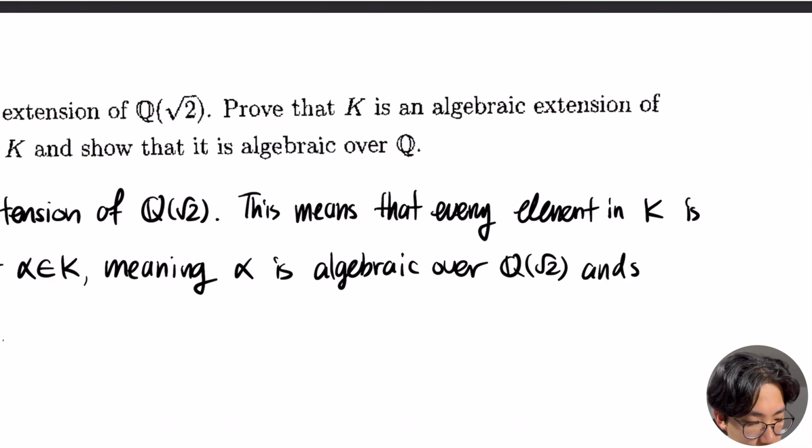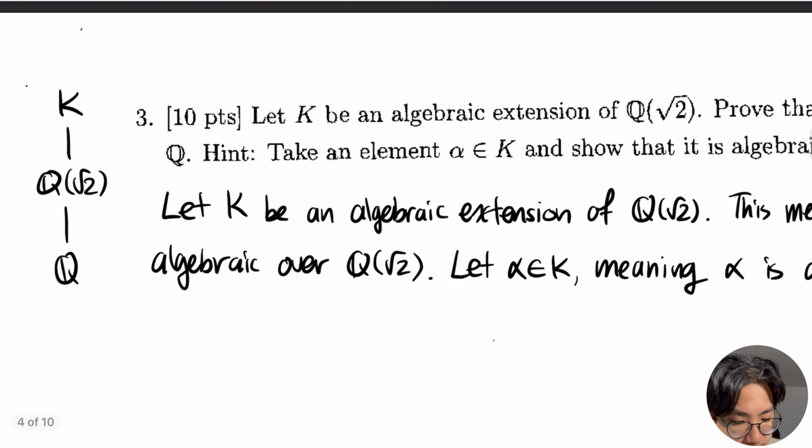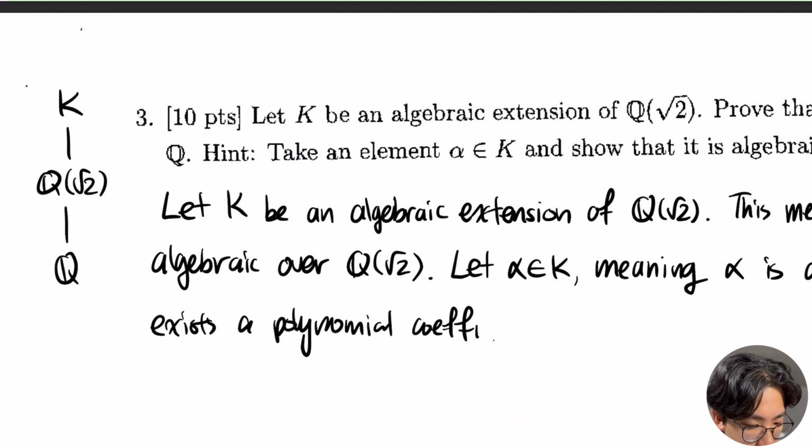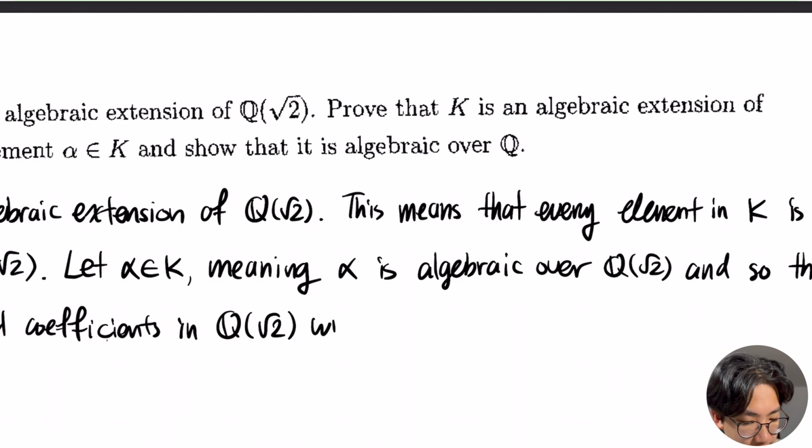And so there does indeed exist a polynomial as coefficients in Q adjoined root 2 with alpha as a root.